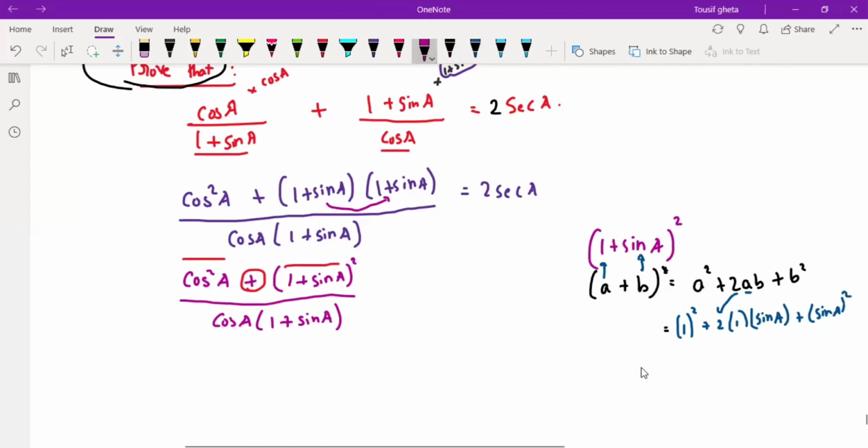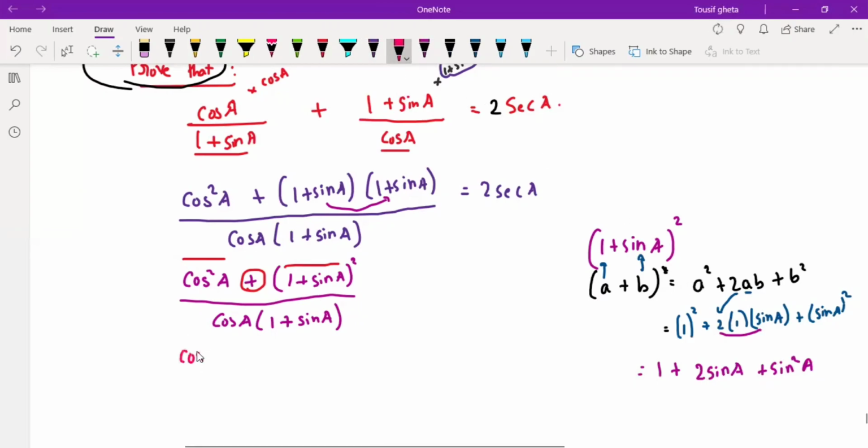The last step: 1 square is 1, plus 2 into 1 is 2, into sin A, plus sin A whole square gives sin square A. That is what we're going to substitute in our solution.